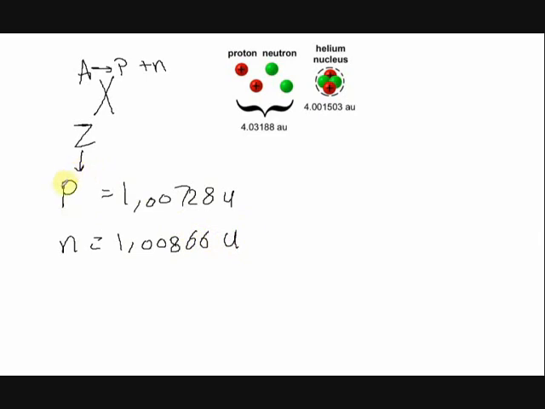So the mass of a proton and the mass of a neutron are constant values. For example, helium, He 2 4: the number of protons here equals 2 and the number of neutrons equals 2. We can calculate the theoretical mass, also called the atomic mass.